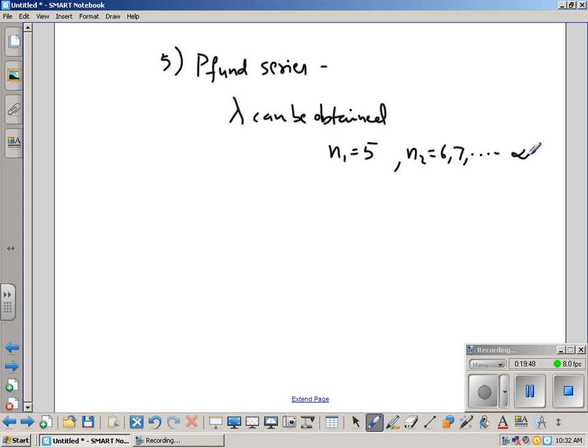The first member can be obtained for n1 is equal to 5, n2 is equal to 6. The second member can be obtained for n1 is equal to 5, n2 is equal to 7. The last or limiting member can be obtained for n1 is equal to 5, n2 is equal to infinity.